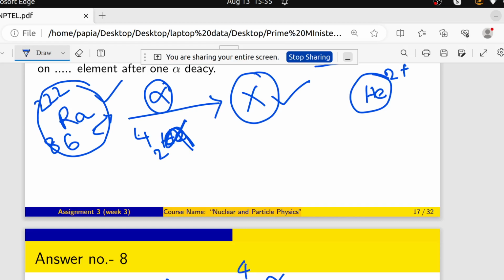So obviously we have to balance our Z and A values in any nuclear reaction. If I balance the Z value and A value, then Z plus 2 will be 86, and from that Z will be 86 minus 2, which is 84.